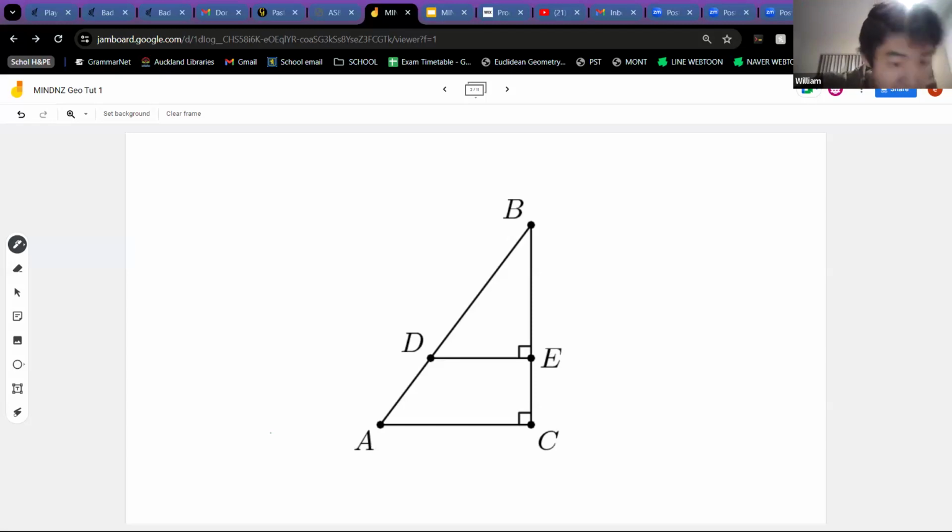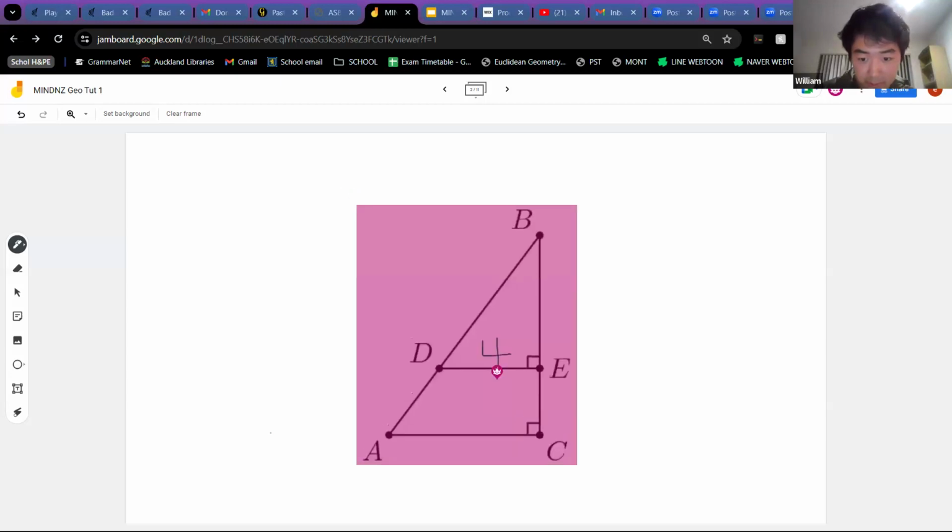Okay, I can write on the board. Just one second. If you guys have a look at the diagram here, we know that DE is equal to 4. And we're also told that AC is equal to 6 and BC is equal to 8.